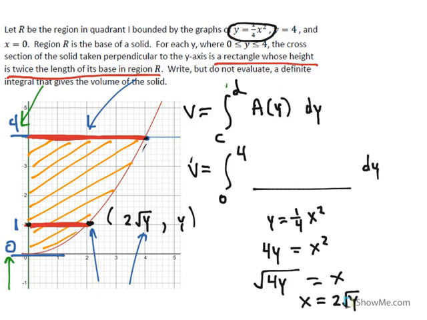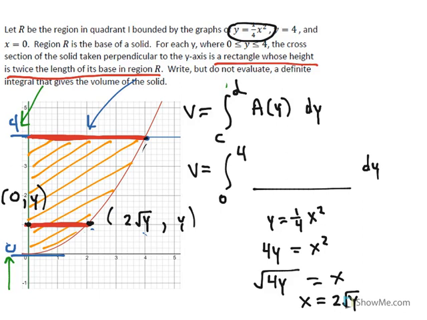So that is, in fact, how we can assign coordinates to the right endpoint of an arbitrary horizontal line segment in region R. And for the left endpoint of this arbitrary horizontal line segment in region R, we can assign coordinates as follows. Y is variable between 0 and 4. X must be 0 because for the left endpoint, it's always on the vertical line, x is equal to 0.